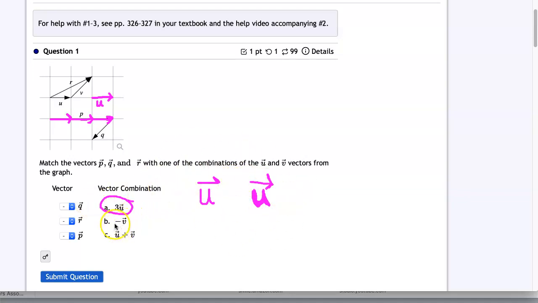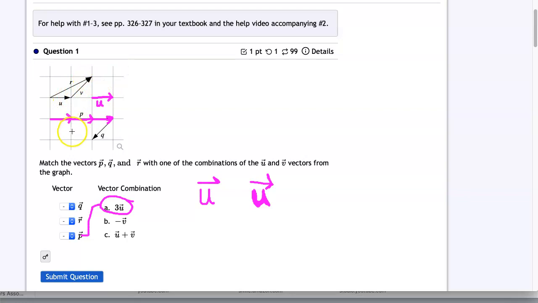Okay, we already said that vector p is the same as 3 copies of u. Now let's look at vector v for a second. Vector v has a length of 1 diagonal, and it's going at a 45-degree angle to the positive x-axis.